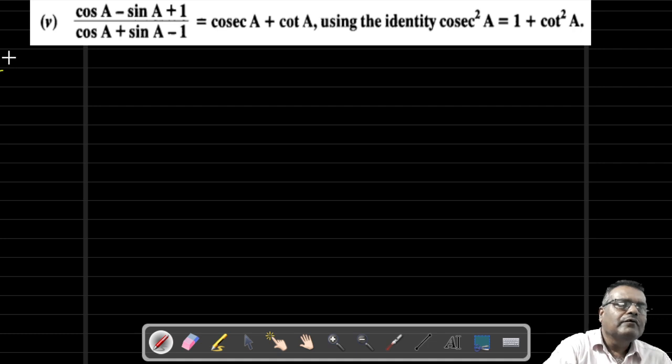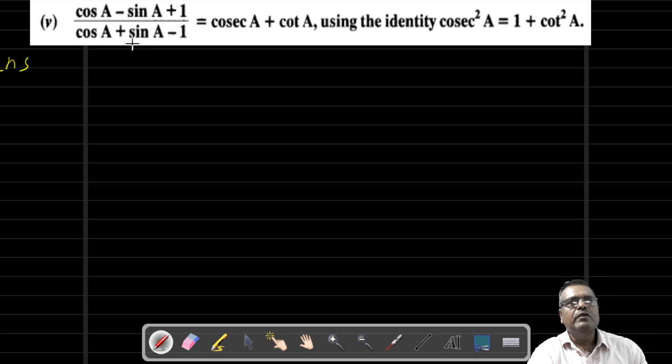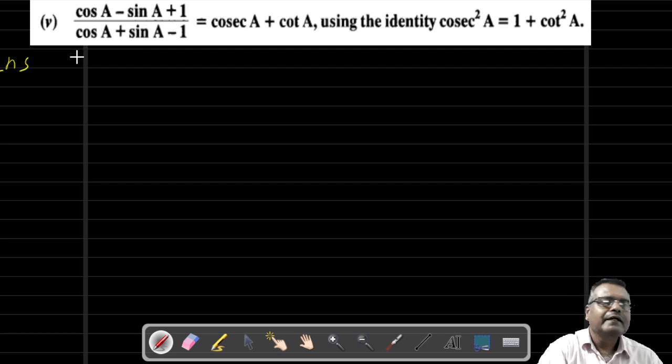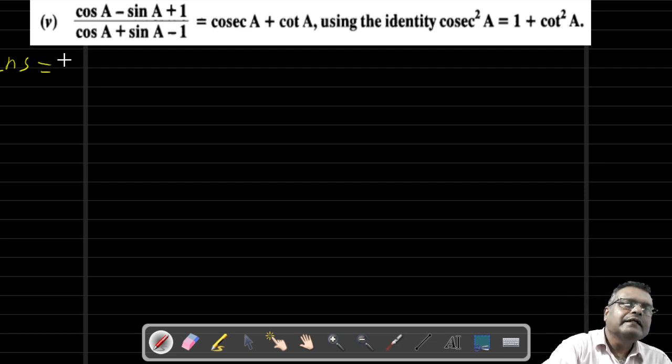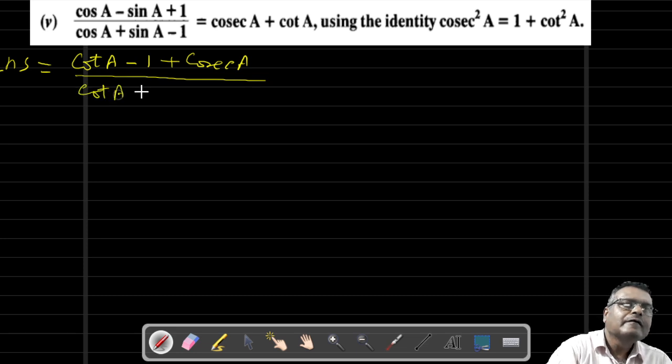That is why for LHS we can write, by dividing numerator and denominator by sin A, then you will be getting cos A by sin A is cot A, minus 1 plus 1 by sin A is cosec A.